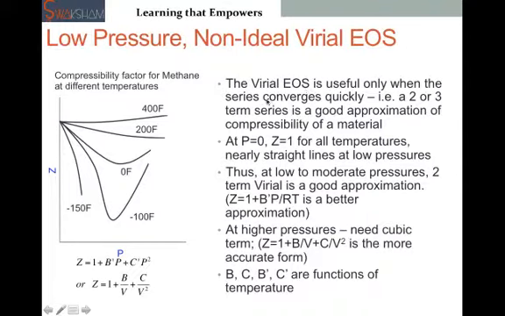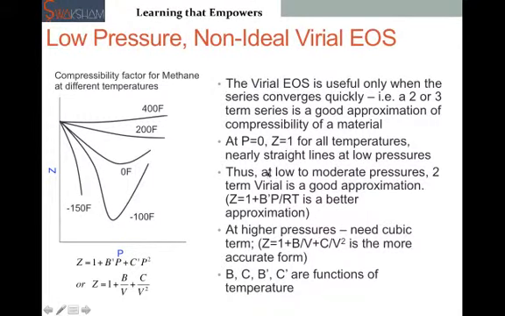The virial equation of state we saw is an infinite series, but for practical purposes it's useful only if the series converges quickly, which means that 2 or 3 terms of the series are good enough to represent the behavior of this material. So 2 or 3 terms would be good enough for me to describe how Z would depend on P or on V. We saw that at pressure equal to 0 or at extremely low values of pressure, Z is equal to 1 or PV is equal to RT is a good enough approximation, so we can use one term.